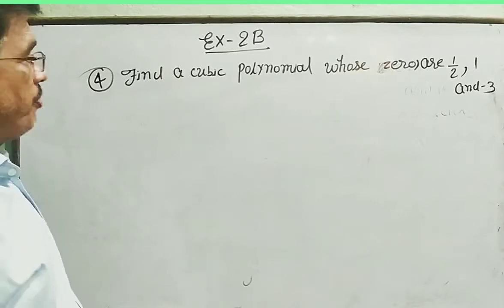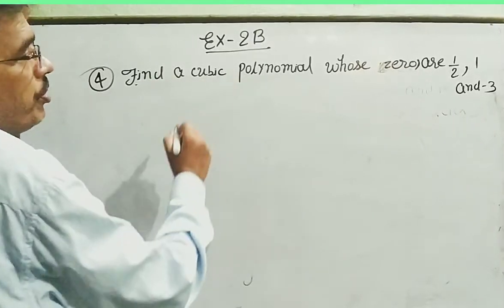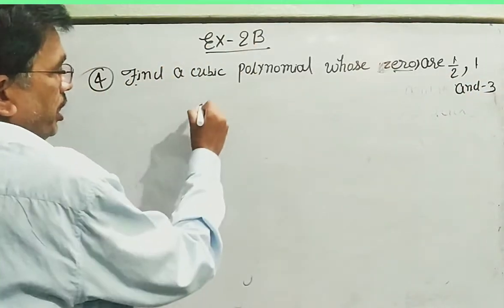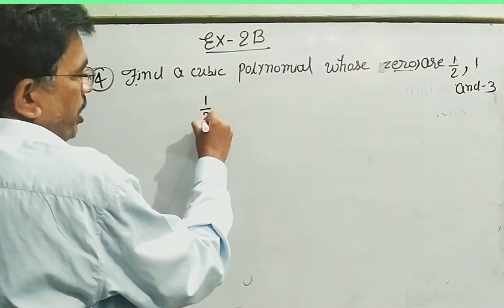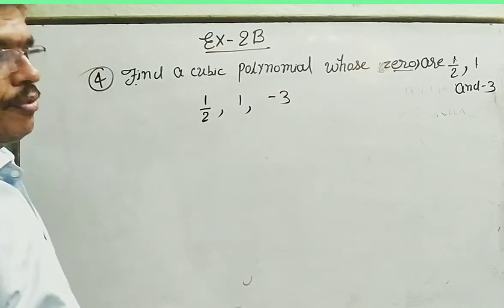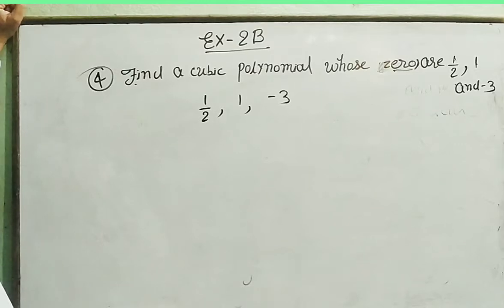Now question number 4, that is find a cubic polynomial whose zeros are given: 1 by 2, 1, minus 3. There are 3 zeros given. First 1 by 2, next 1, and third minus 3. You have to find the cubic polynomial. One is by the method of the formula.